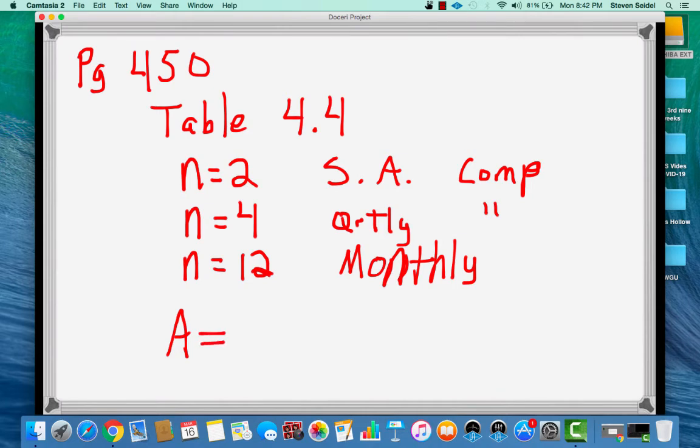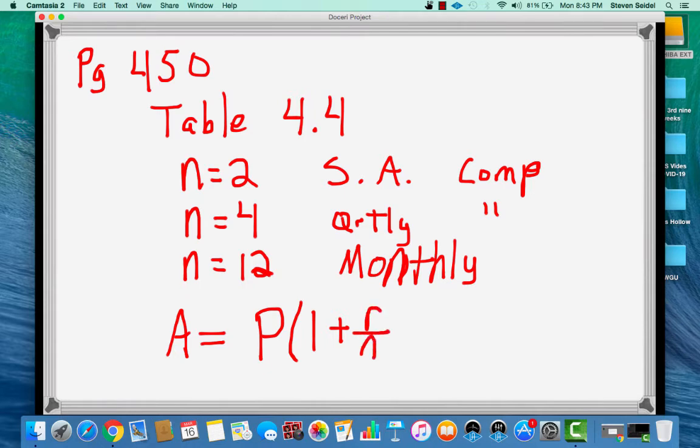We have P, there's our principal amount. Then the 1 is still there. But now we got to take that interest rate. Here's where it gets kind of tricky.